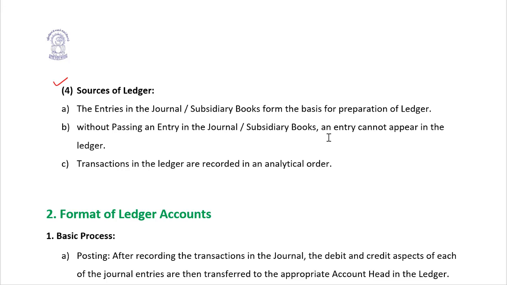Source of ledger. What is the source of ledger? The entries in the journal or subsidiary books form the basis of preparation of ledger. Students, you should understand that source documents are the base for making journal entries, and journal entries will act as a base for making ledger posting, ledger accounts.